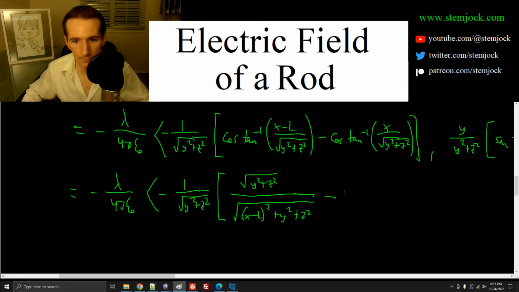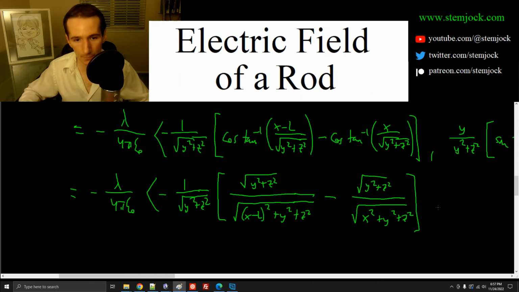And now minus the same thing, square root of y squared plus z squared over, but now with 0 in place of L, so that's just the square root of x squared plus y squared plus z squared. So this is the first component.